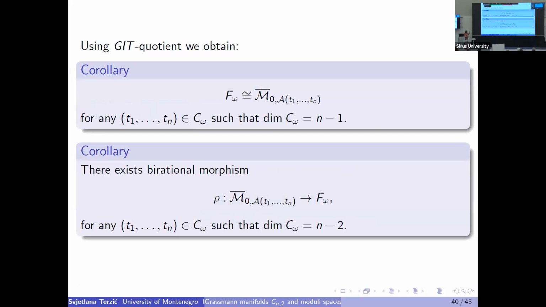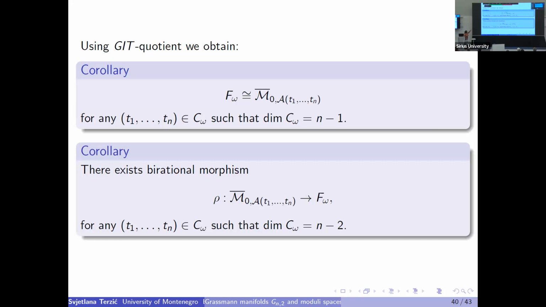So using the geometric invariant theory quotient, we obtain that F omega is homeomorphic to the geometric invariant theory quotient given by the linearization T1 Tn, and this is further homeomorphic to the weighted space M bar 0 A T1 Tn, for arbitrary T1 Tn in C omega.